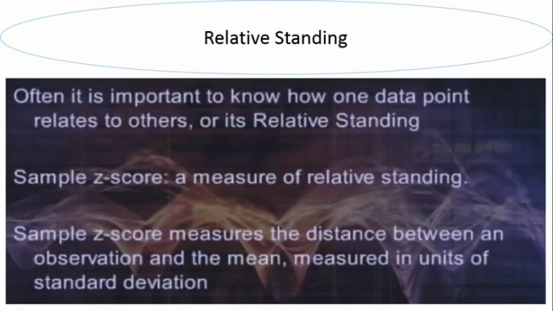So the relative standing can also be introduced here. Often it is important to know how one data point relates to the others, which is its relative standing. So the sample Z score is a measure of relative standing. The sample Z score measures the distance between the observation and the center.